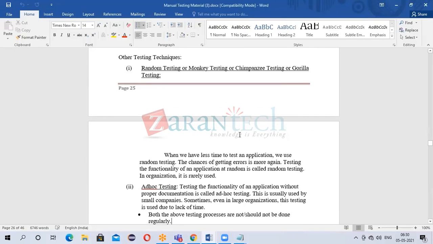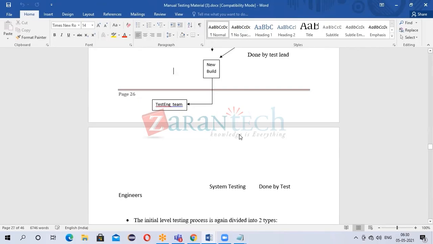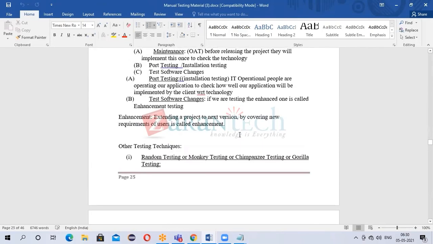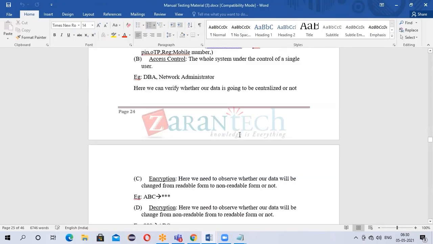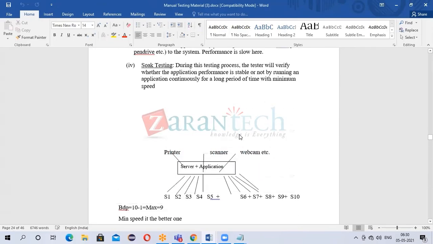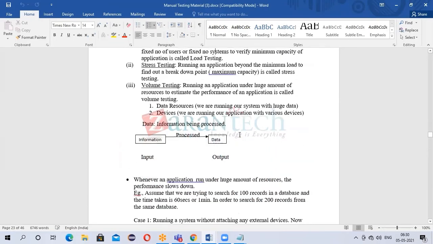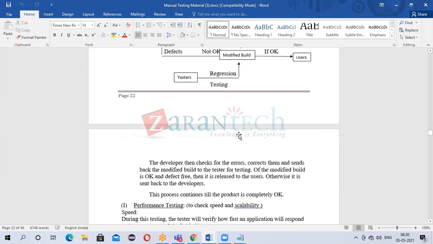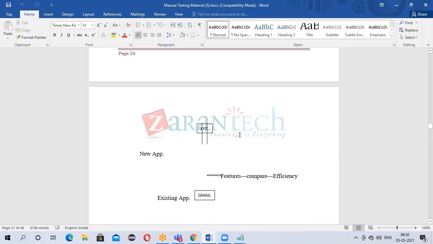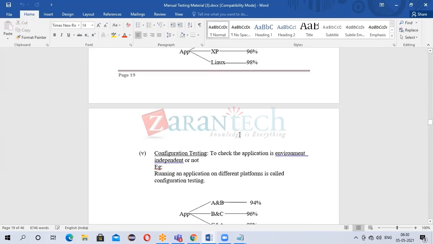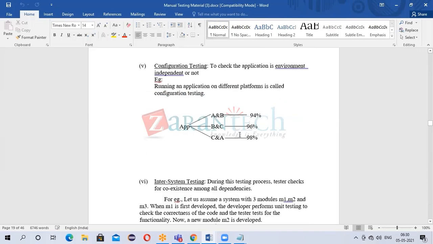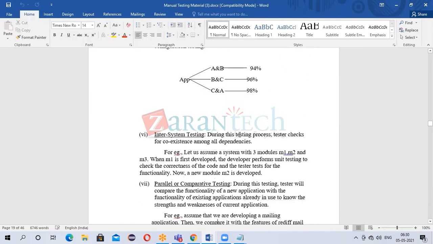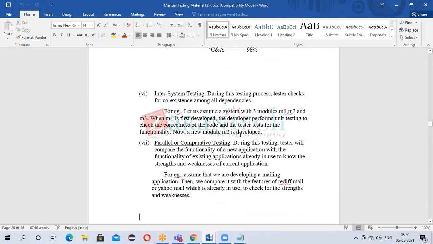Okay, and then what is our testing? There will be multiple testings: input domain, configuration testing, and then inter-system testing. What is inter-system testing here?